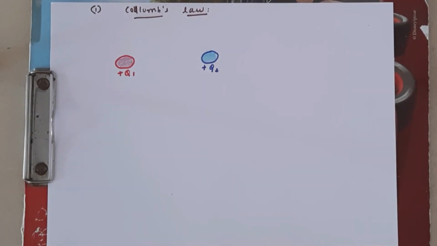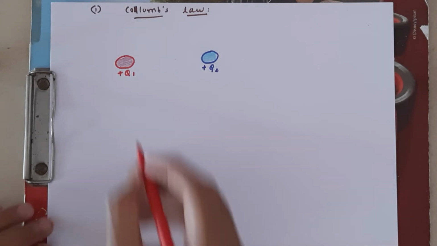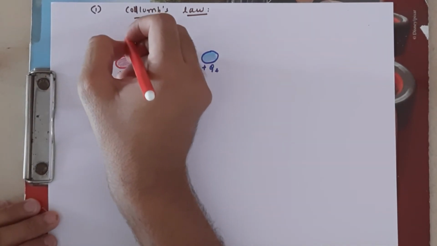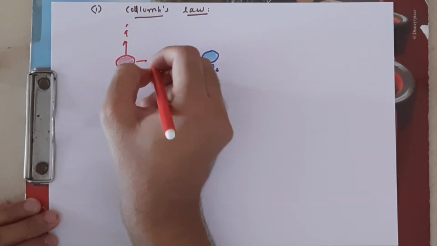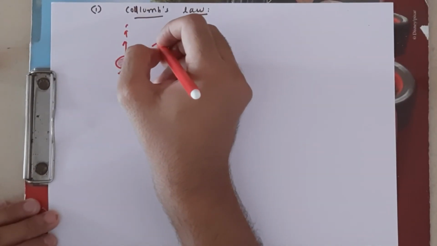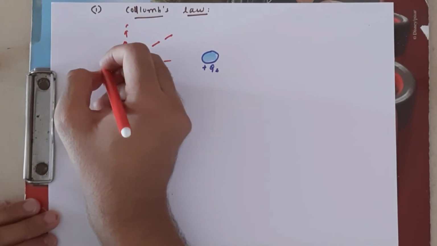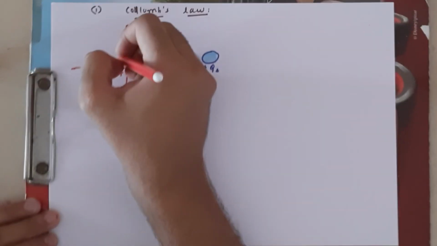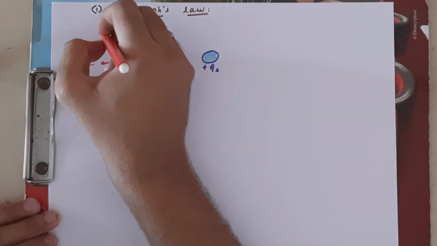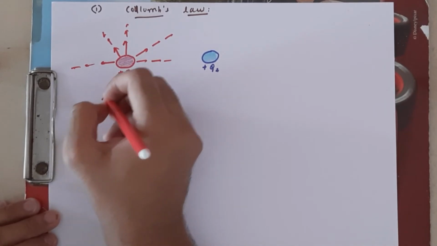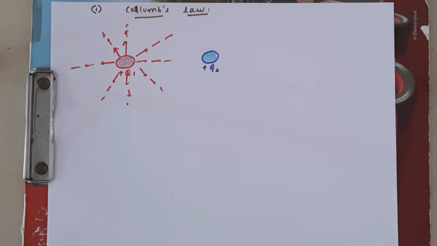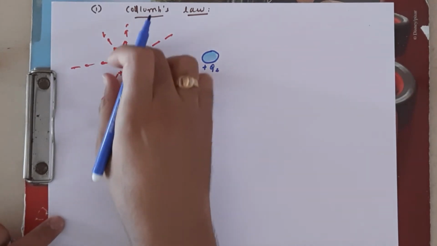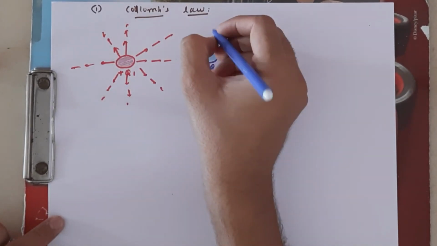Both charges generate an electric field in all directions. What does this line indicate? This line indicates the direction of the electric field. Then we will discuss what electric field intensity is exactly. This charge is positive, so it generates an electric field in the outward direction.